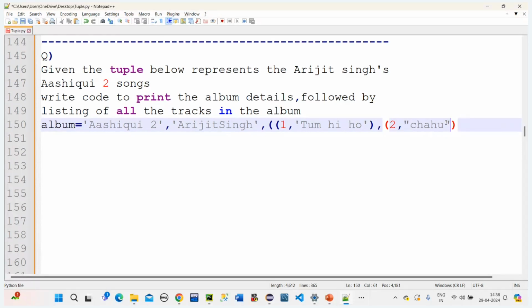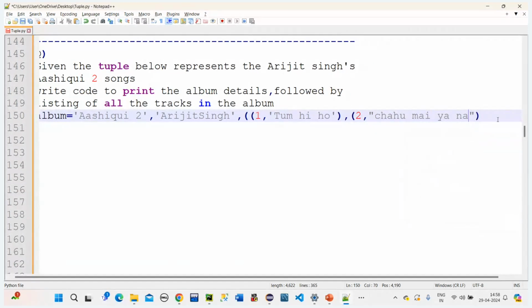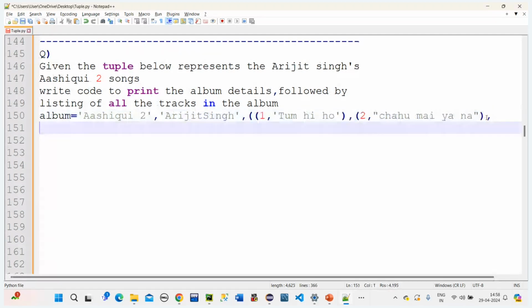That's it. This is the second one. And then comma. In the next line I'm writing another tuple. This is the third one. The third one is Meri Aashiqui.